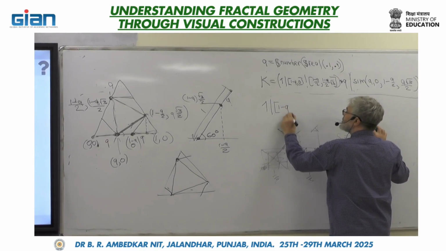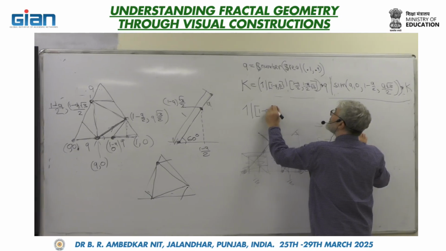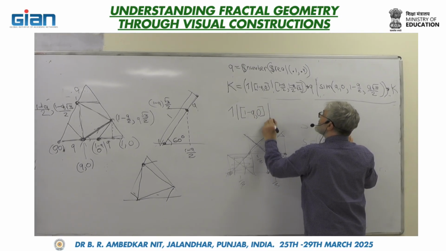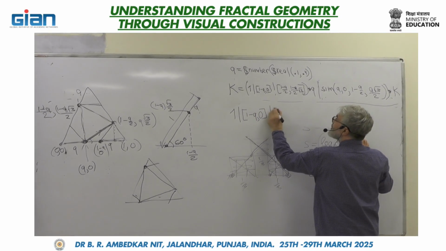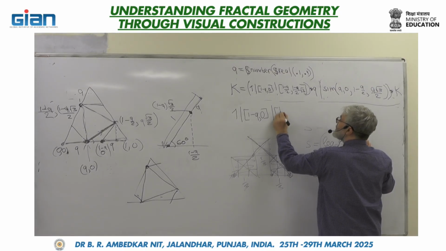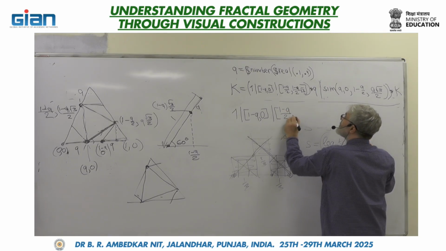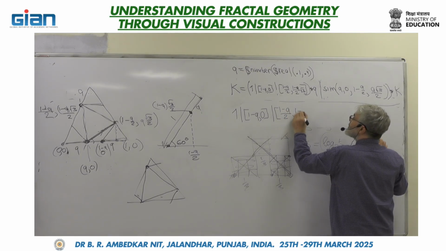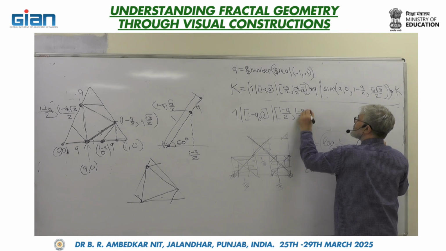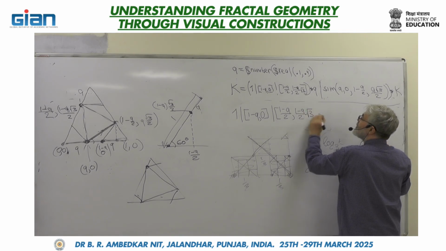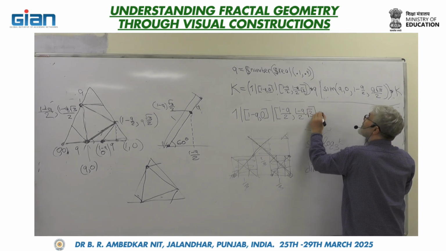Minus Q, 0, union. Here you have 1 minus Q divided by 2, 1 minus Q divided by 2 multiplied by square root of 3, right?